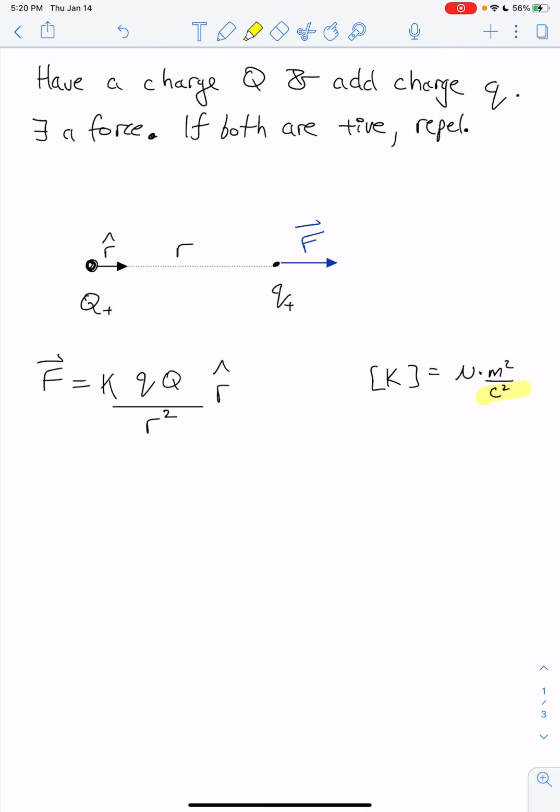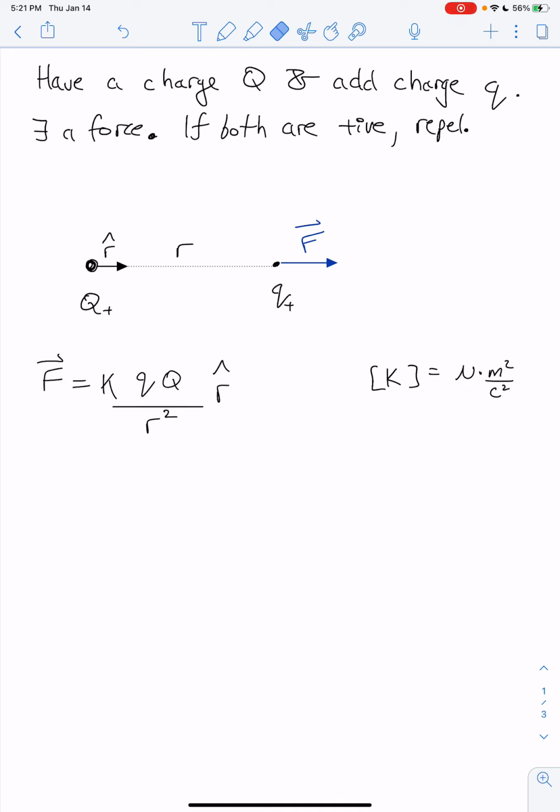The Coulomb squared cancels the two coulombs in the equation, and the meter squared cancels the units in the r squared, and so you're left with a result in newtons for force.